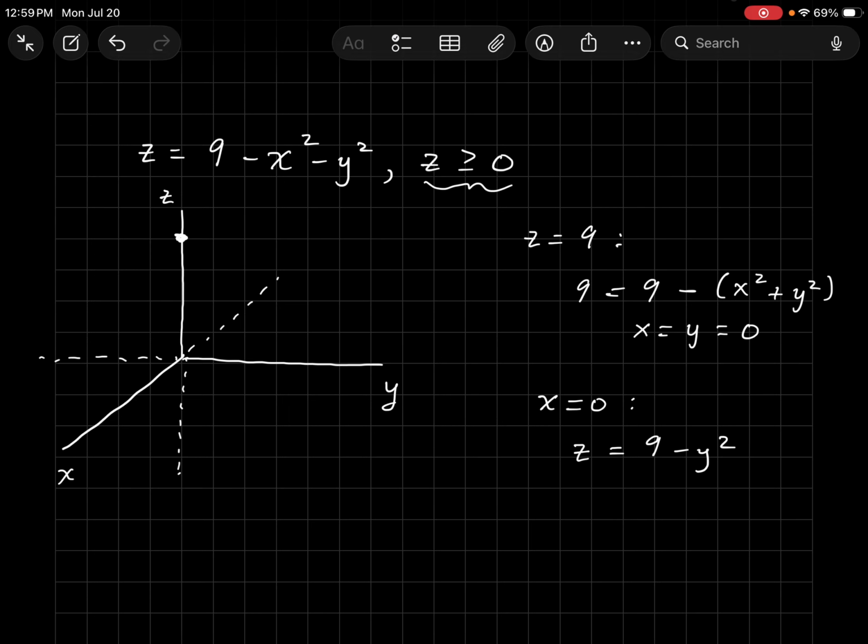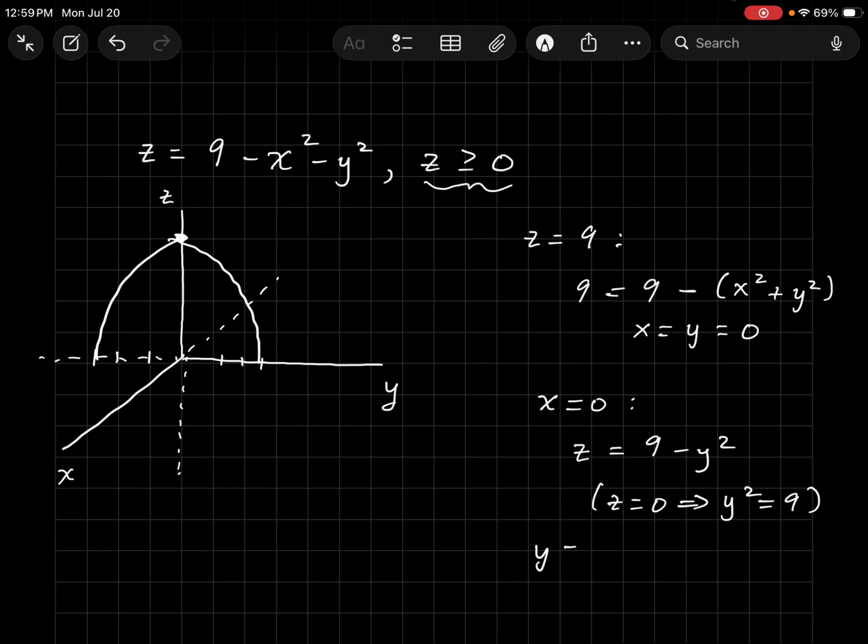So in the zy plane, we have a parabola that'll look something like this. That's in the zy plane, right? How do I know that it goes 3 to negative 3? Because here z equals 0 implies y squared equals 9, and so y is 3 or negative 3.